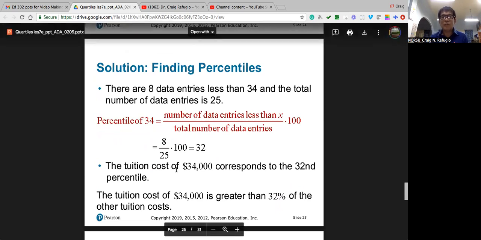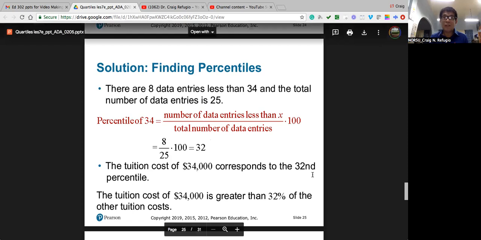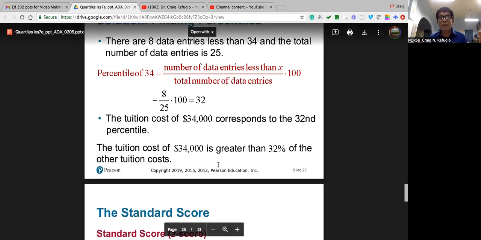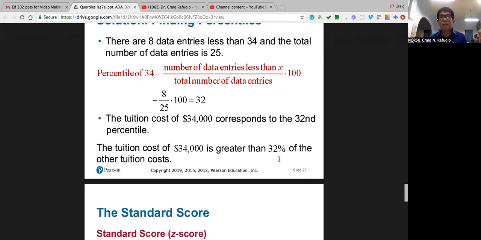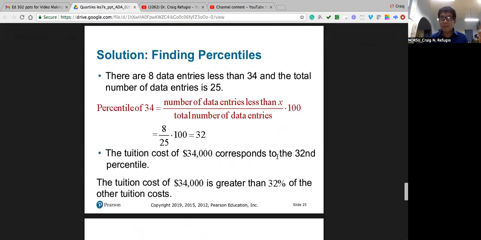The tuition cost of 34,000 US dollars corresponds to the 32nd percentile. This 32 means the 32nd percentile, so the tuition cost of 34,000 is greater than 32% of the other tuition costs. So take note.